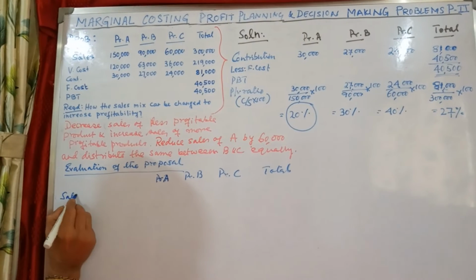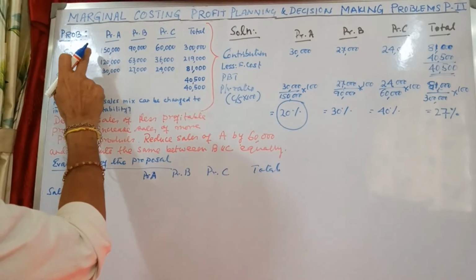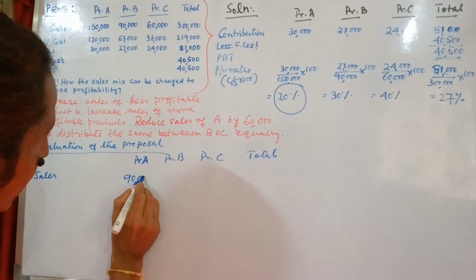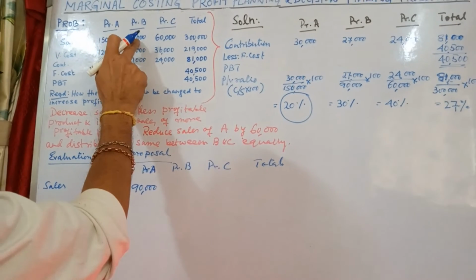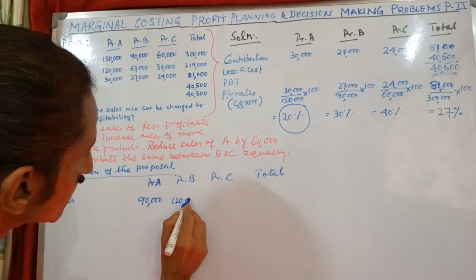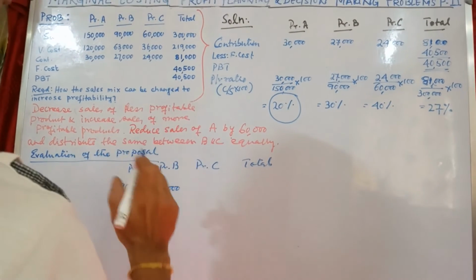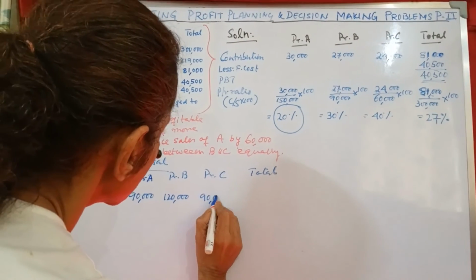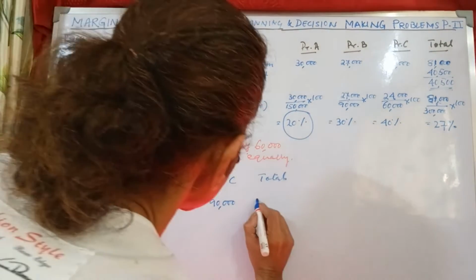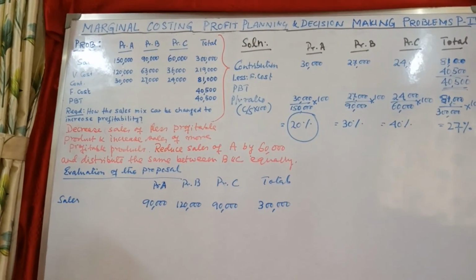So sales of the three products become 150,000 minus 60,000 of A, that is 90,000 of A, 90,000 plus 30,000, that is 120,000 of B, and 60,000 plus 30,000, that is 90,000 of C. So total sales remain at 300,000. Right?